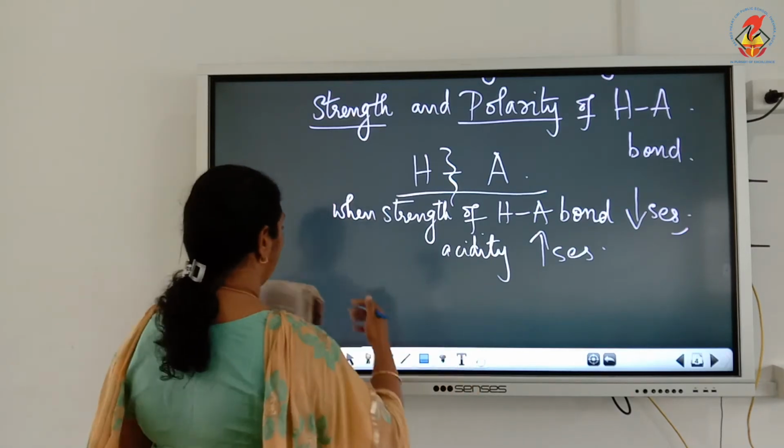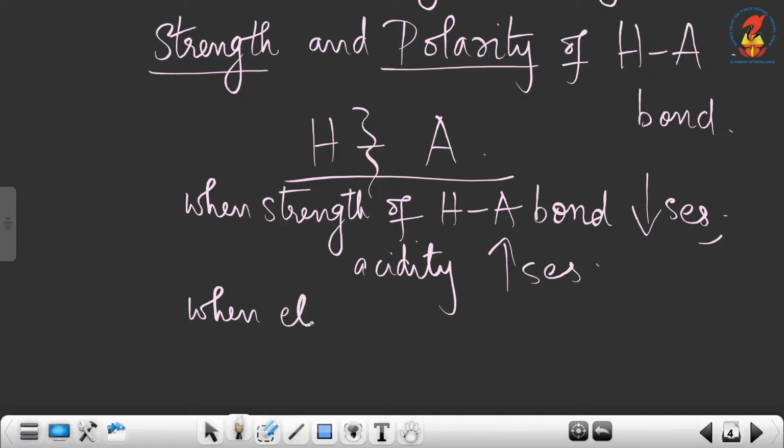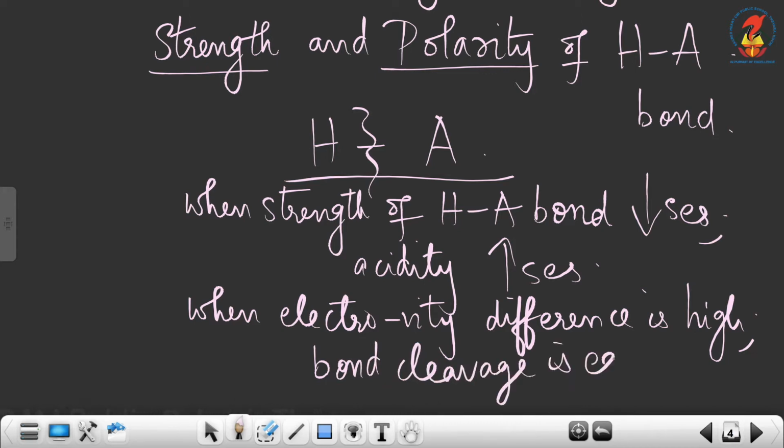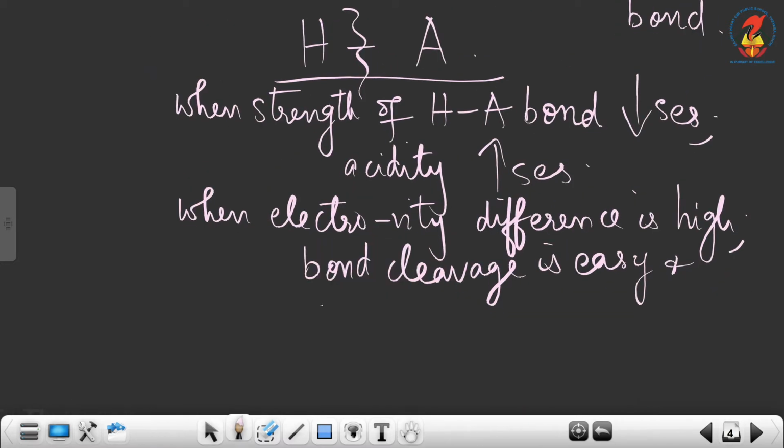So, you can write: when the electronegativity difference is high, then bond cleavage is easy and the acid is stronger, or the acidity increases.